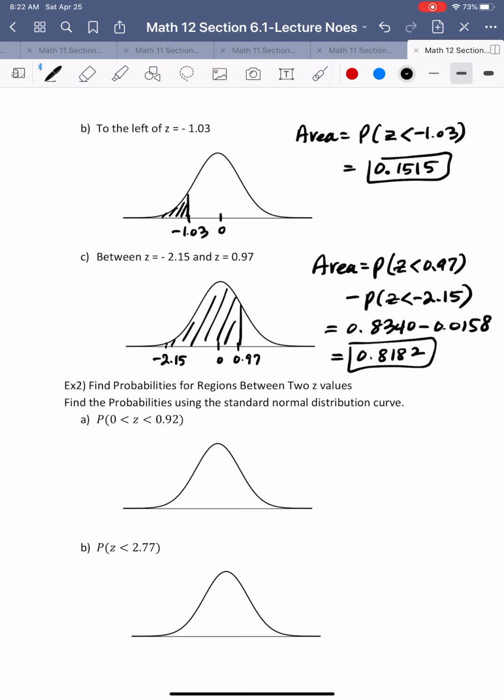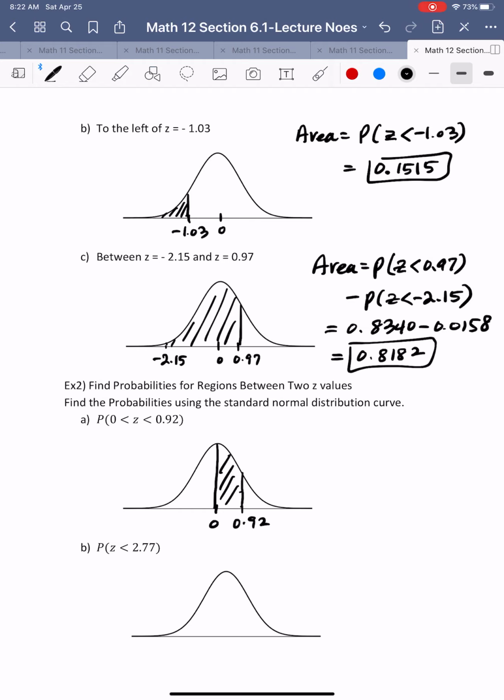Example 2. Find the probability for the regions between the two z-scores this time. Find the probability using the standard normal distribution curve. Your probability is z between 0 and 0.92. So 0 here, and about here is 0.92. The idea is the same.